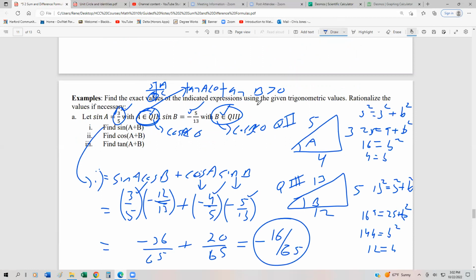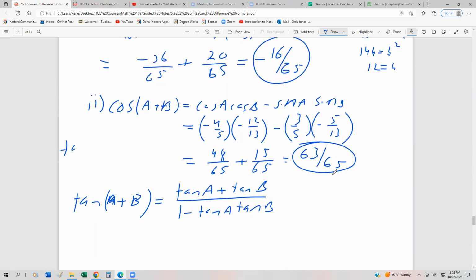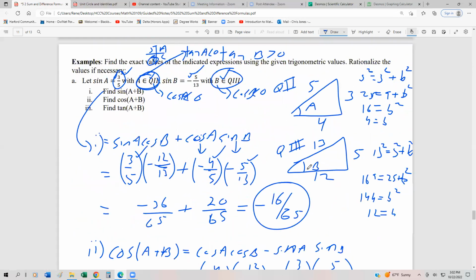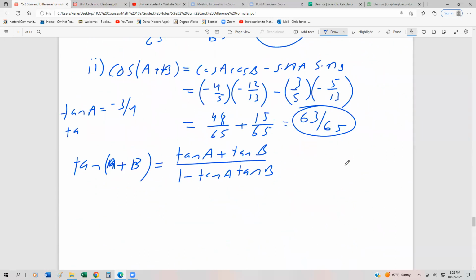So whatever we get for the tangent function for this triangle, and remember tangent is opposite over adjacent, so that's going to be 3/4, but it'll be a negative, okay? So tan of A is negative 3/4, okay? Remember A is in quadrant 2, and then over here, opposite over adjacent is going to be 5/12 positive, okay? So tan of B is going to be 5/12.